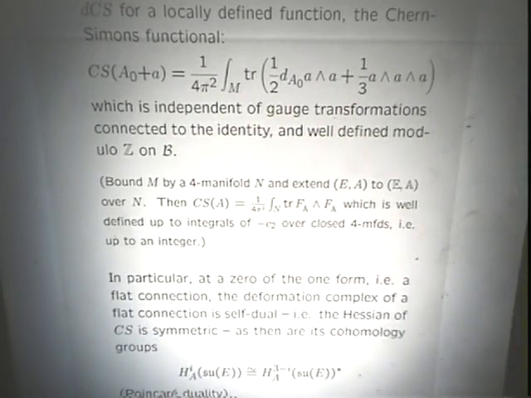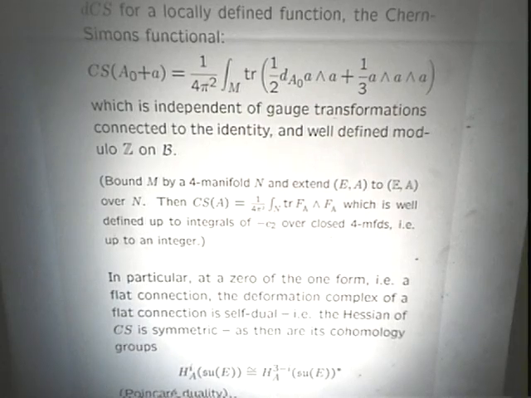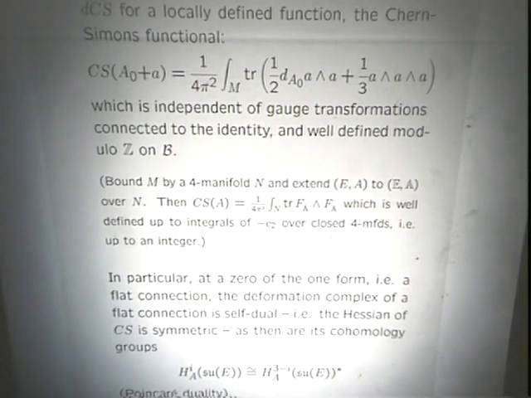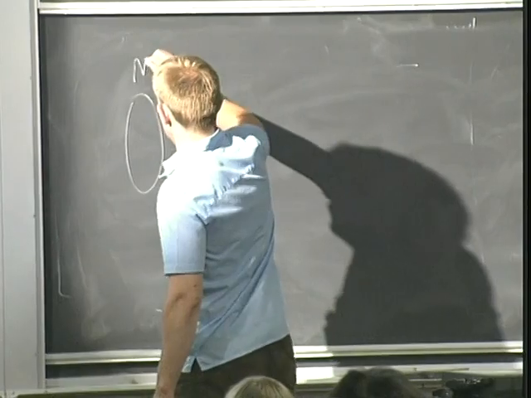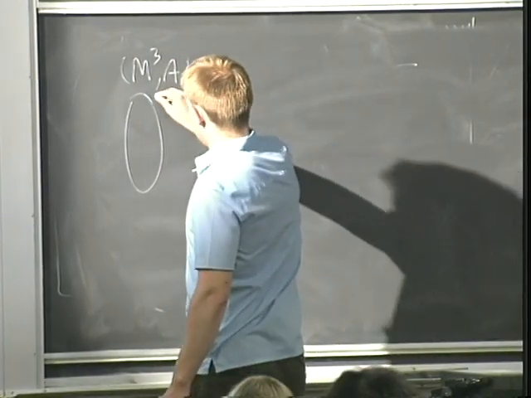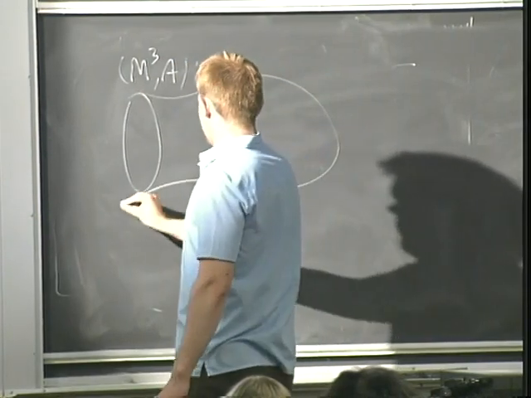The reason for that is the following. It actually makes some topological sense. It's like an eta invariant. It's a transgression of the second Chern class. So what I'm describing here is this paragraph. If I have a 3-manifold with a connection A on a bundle, because the cobordism ring is trivial, I can bound it by a 4-manifold.